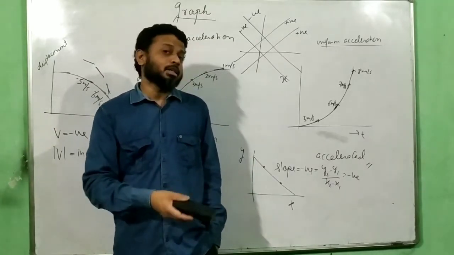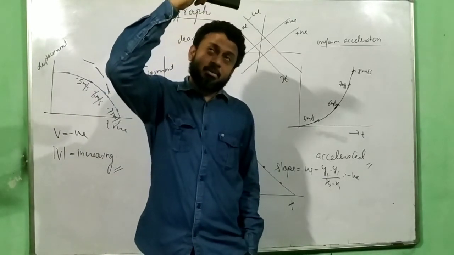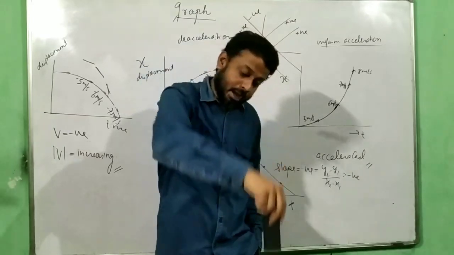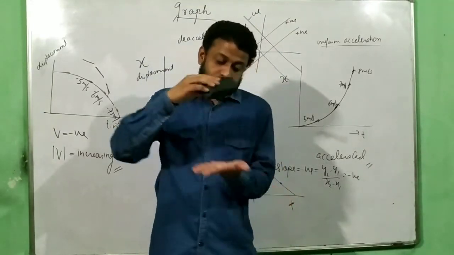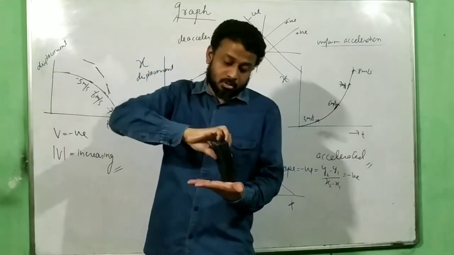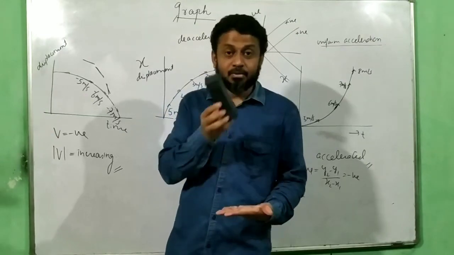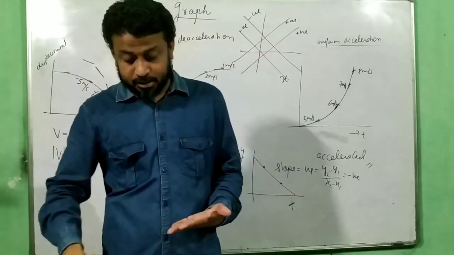That means a body is thrown up, goes into the air, reaches the maximum height, and then starts coming back. So from the ground, this is my ground, it has gone up and then it has come down. How does the displacement time graph look for the entire journey?